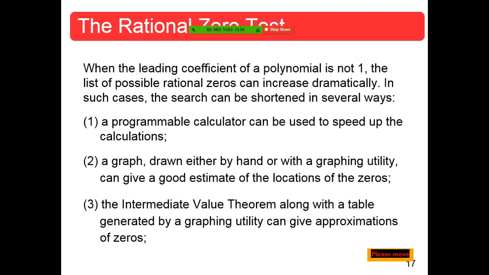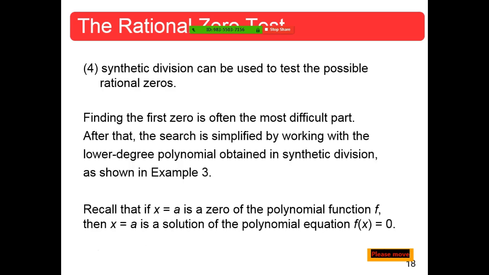Well, that just gives you approximations. Usually we can figure it out a lot better than that. Or synthetic division, and that's what we just used, can be used to test the possible rational zeros. That to me is the easy way to go. You don't have to have special calculators. So finding that first zero is often the most difficult part.